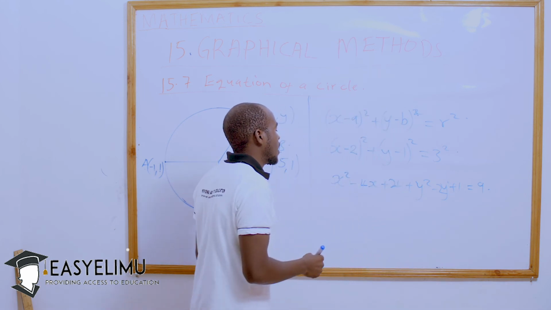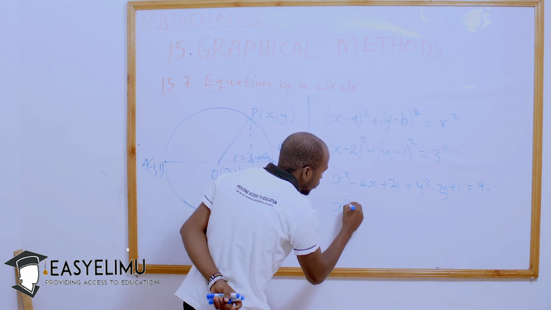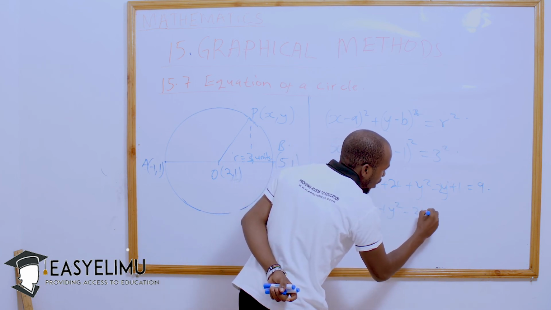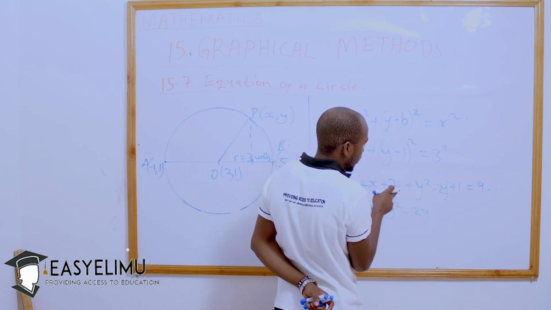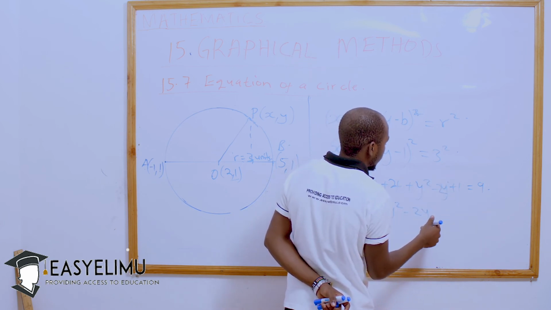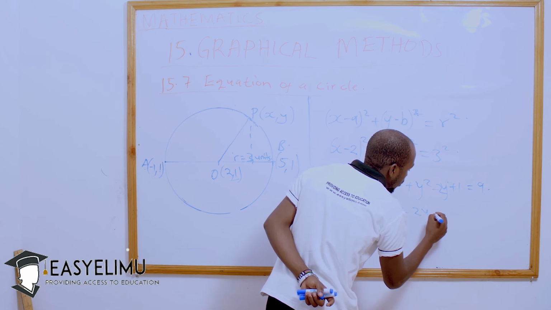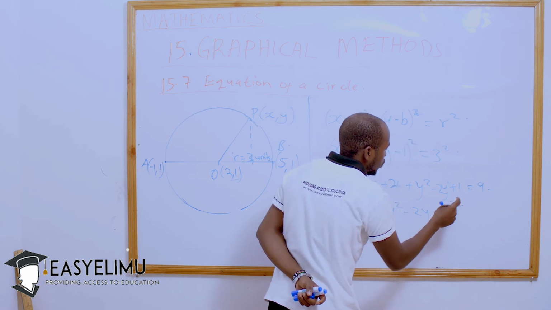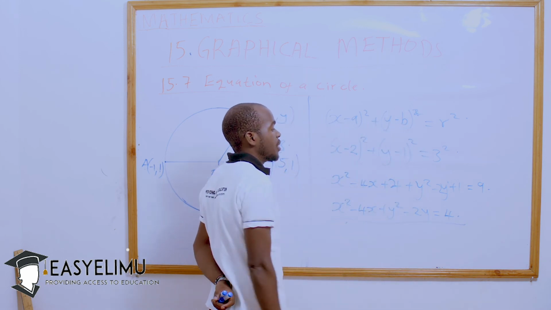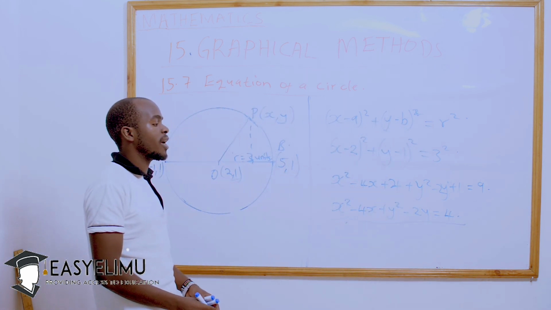So you collect the like terms, and you will have x squared minus 4x plus y squared minus 2y. Now this is 4 plus 1, you will get 5. If you subtract 5 from both sides, you will have is equal to 9 minus 5, you will get 4. So that is what we shall have as the equation of that circle.